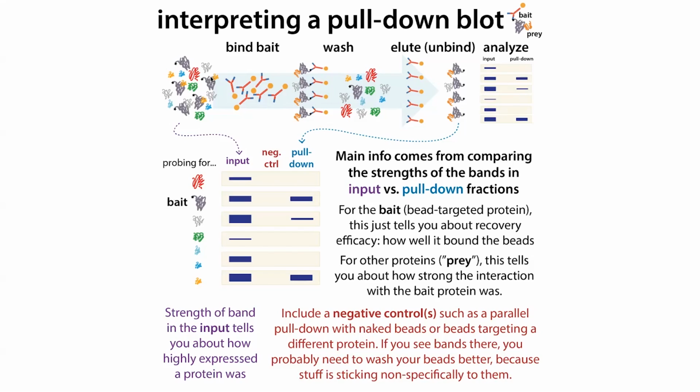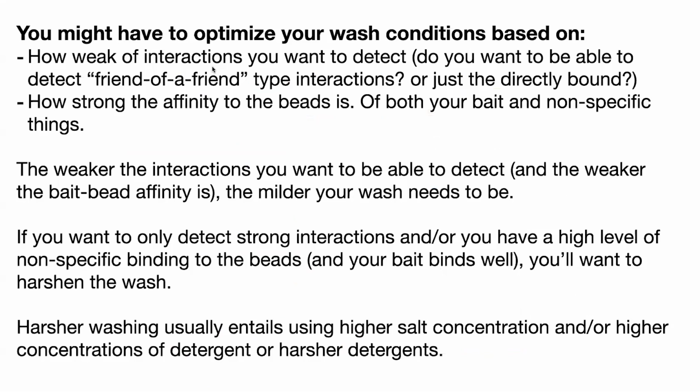And the wash buffer that you use is going to depend on what type of interactions you're hoping to detect. If you want to detect really weak interactions, like friend of a friend, say, a protein that's bound to a protein that's bound to your protein, or other weaker interactions, you're going to need to use weaker wash conditions so you don't wash off those weakly bound things.